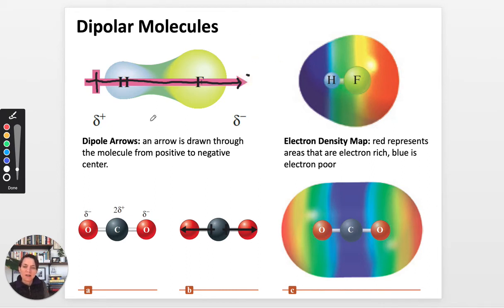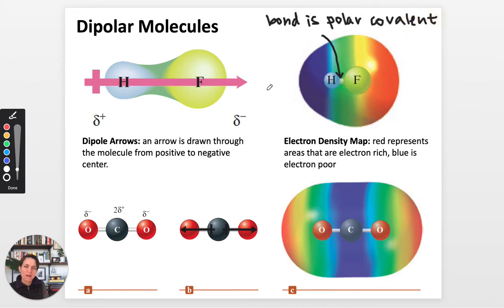So to classify this molecule, we would say that this bond between hydrogen and fluorine is polar covalent. The molecule is polar.